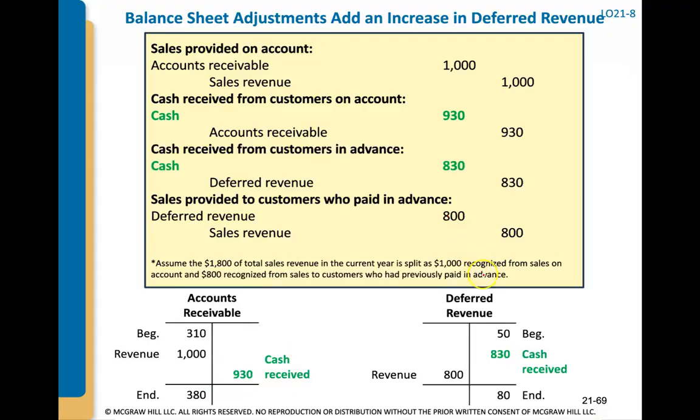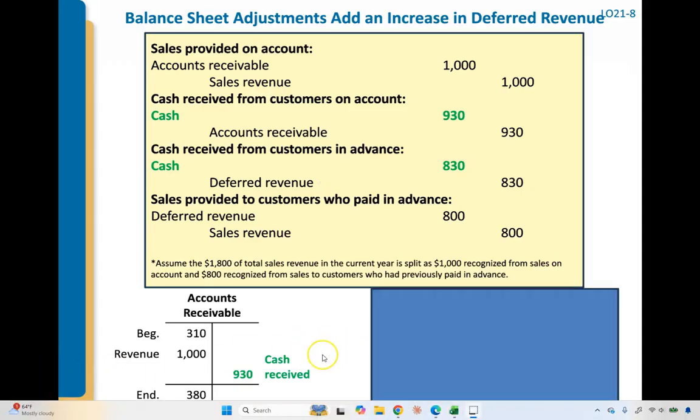And then for deferred revenue, if my beginning balance was 50 and I earned 800, so I debited $800 to the deferred revenue account, and my ending balance was 80, that must mean that I received an additional $830 from our customers. I would have debited cash $830, credit deferred revenue $830.